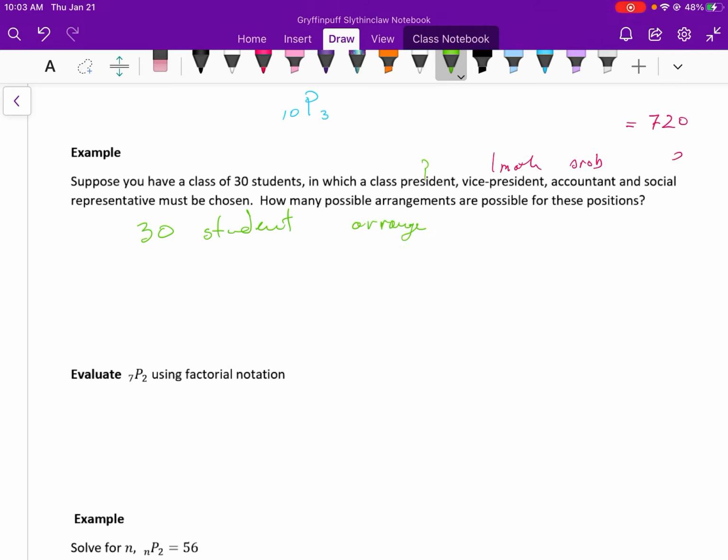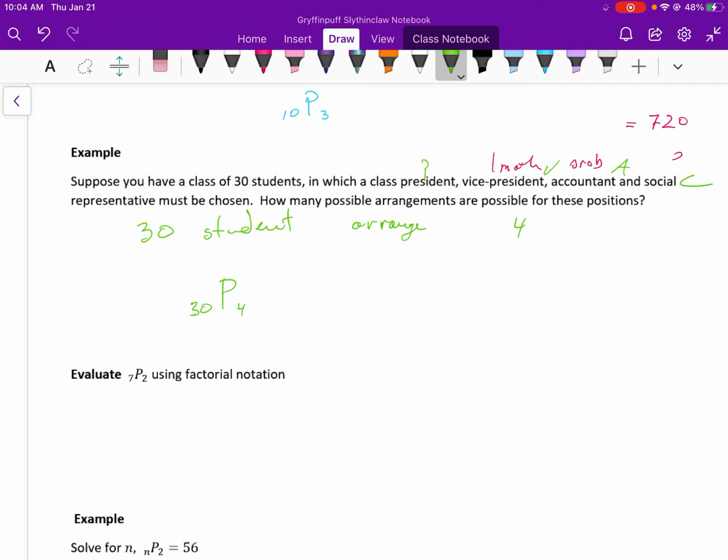There's no possible way that I wish to write out 30 positions, but I'm going to choose an arrangement of president, vice president, accountant, and social representative. So I'm choosing 4 positions, and for those 4 positions, order does matter. How many possible different arrangements?